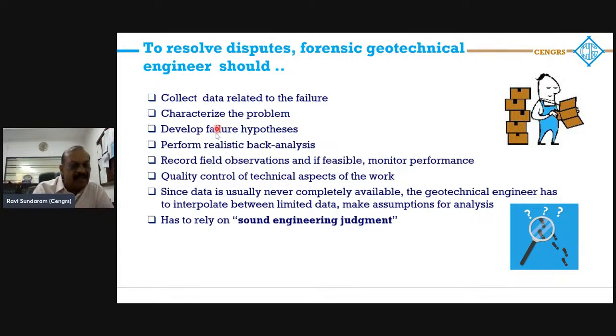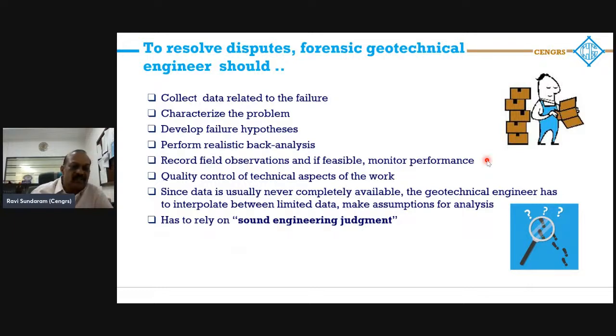So you characterize the problem, develop the failure hypothesis, and try to make a reasonable assessment of why the failure has occurred or is likely to occur. Then you do a back analysis and try to be realistic on this. If field observations are feasible, you do that, monitor the performance. Maybe a building is settling, so you can monitor whether the settlement continues or if it has been arrested.